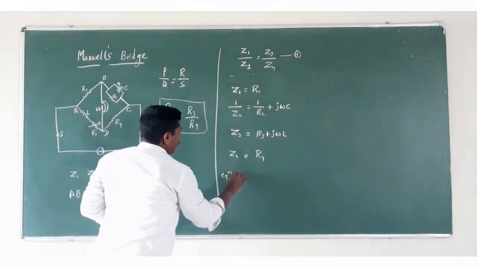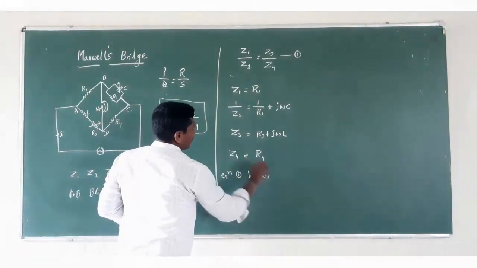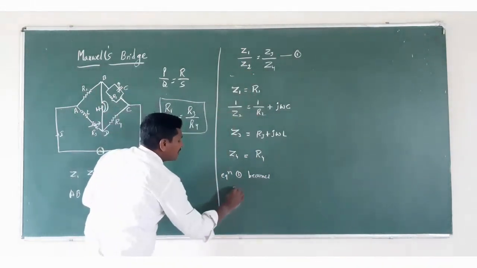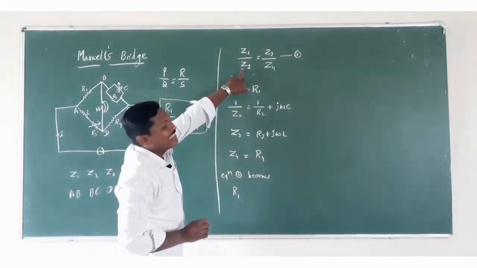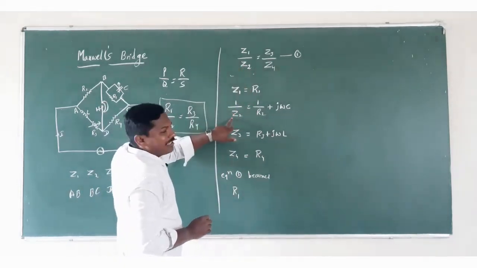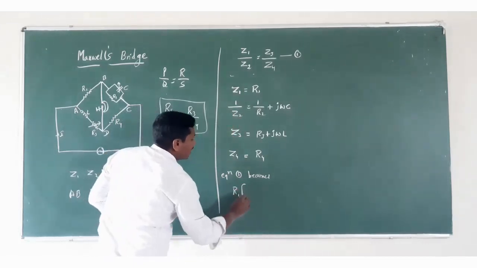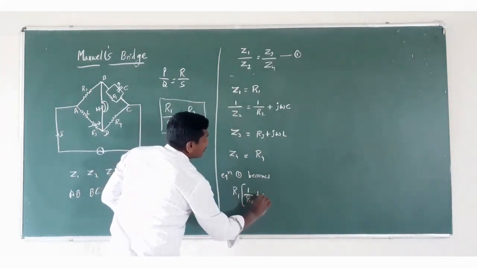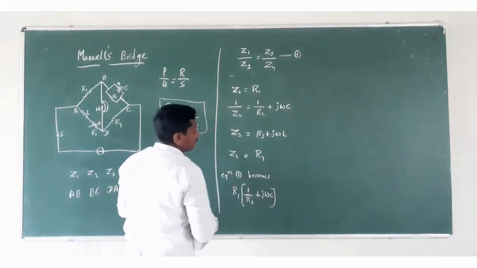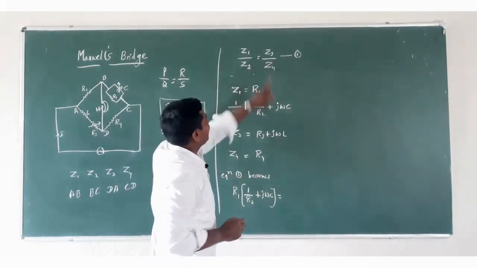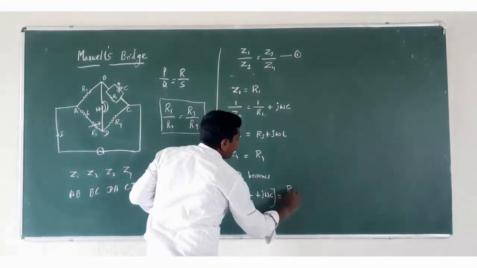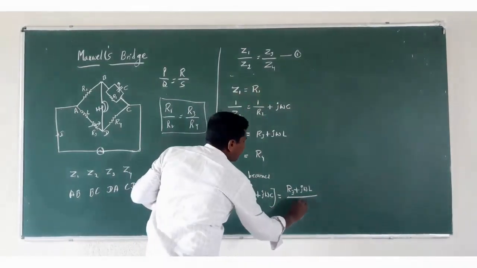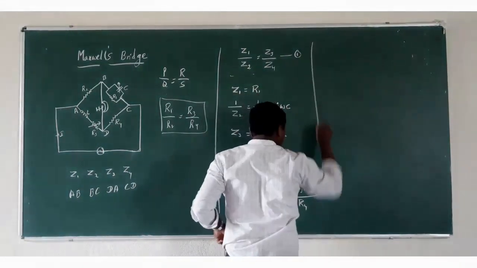Now equation 1 can be written as Z1 divided by Z2. In the place of Z1 we consider R1. Z2 is in the denominator, therefore the whole term can be written as 1 over Z2, which is equal to 1 divided by R2 plus j omega C, which is equal to Z3 divided by Z4, that is R3 plus j omega L divided by R4.